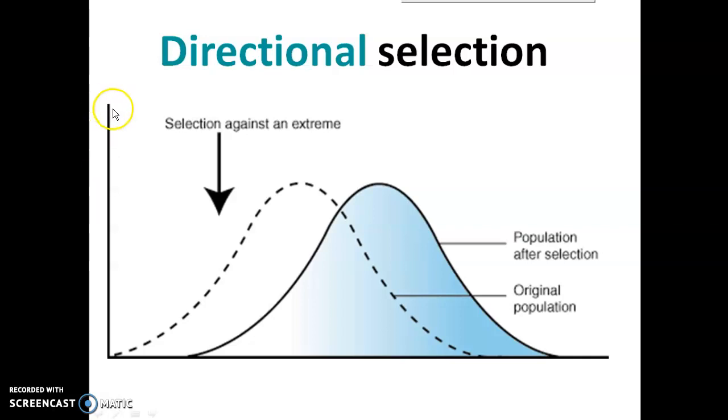If this was the white squirrel over here on the left side, and these were the black colored squirrels over here, the white ones would obviously stand out easily, be picked off by predators. The brown squirrels would be next, but those black squirrels, if it was a dark cave, that is actually a beneficial adaptation at that point, causing the population to shift towards that more extreme, meaning that there would be more black squirrels around than the white or brown varieties.